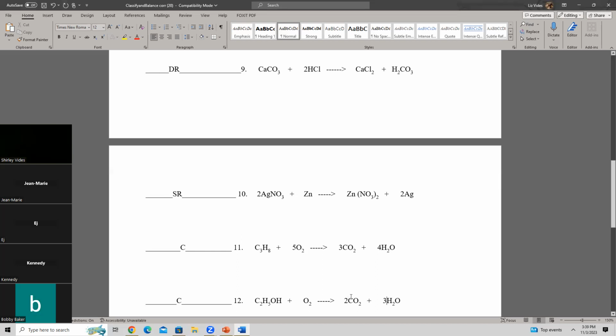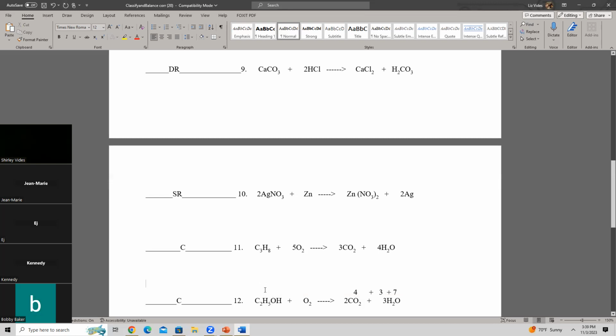Now let's see how many oxygens we have. Okay, so maybe I can write it like that. 2 times 2 is 4. And then we have plus 3, right? That gives us 7 total. Okay, but since we have 1 that's lonely over here, we subtract that from the 7 that we have.